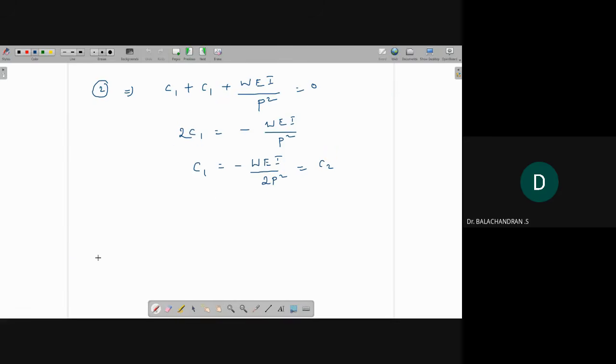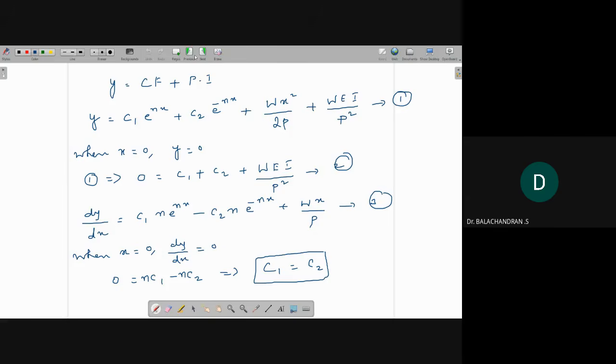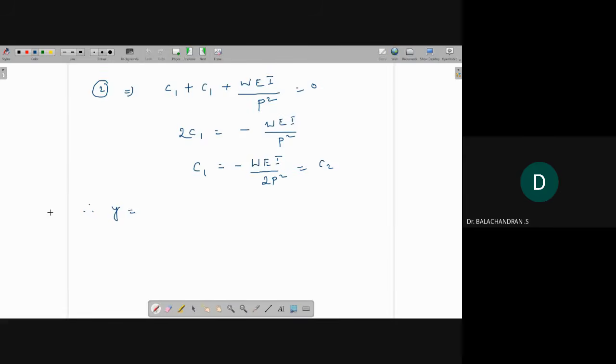Now, therefore, y equal to, I am going to substitute the values in equation 1. Equation 1 implies y equal to, since C1 equal to C2, minus W EI by 2P square. This is for C1 and C2.